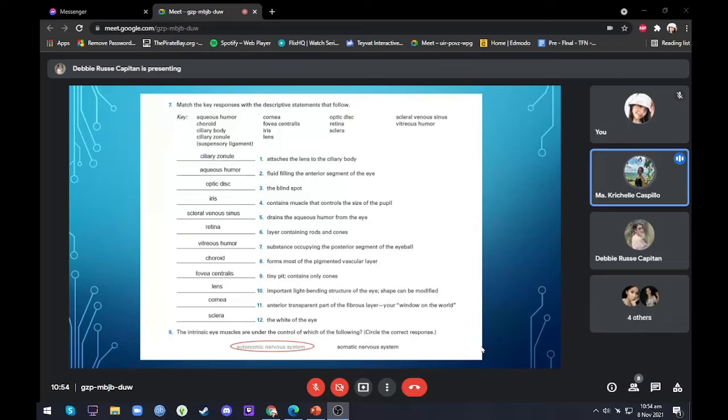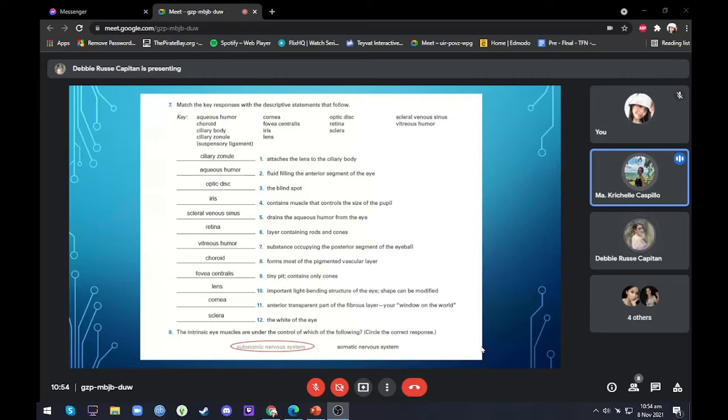Important light bending structure of the eye. Shape can be modified, which is lens. 11. Anterior transparent part of the fibrous layer or your window on the world, which is your cornea. 12. The white of the eye is your sclera.